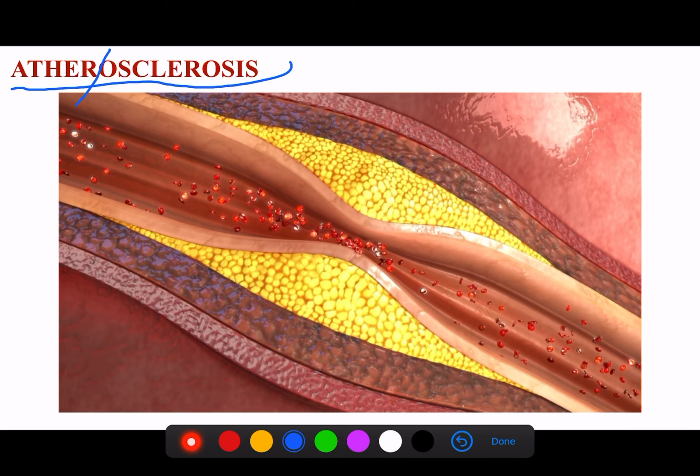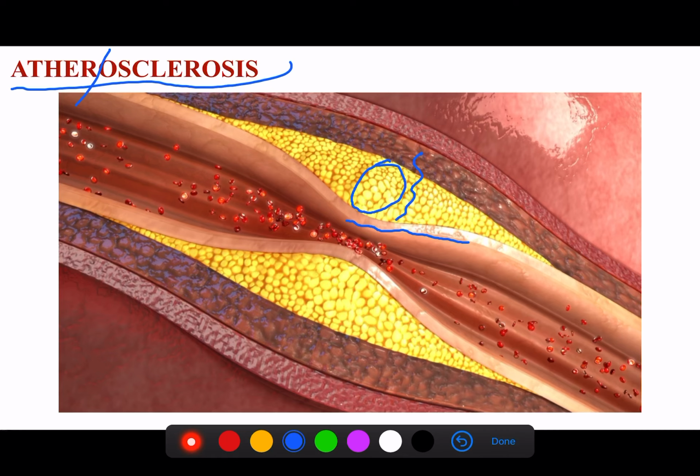Atheroma formation means accumulation of lipid beneath the tunica intima, within the tunica media. This accumulation of lipid occurs mainly in large and medium-sized arteries, characterized, as we say, by atheroma formation.